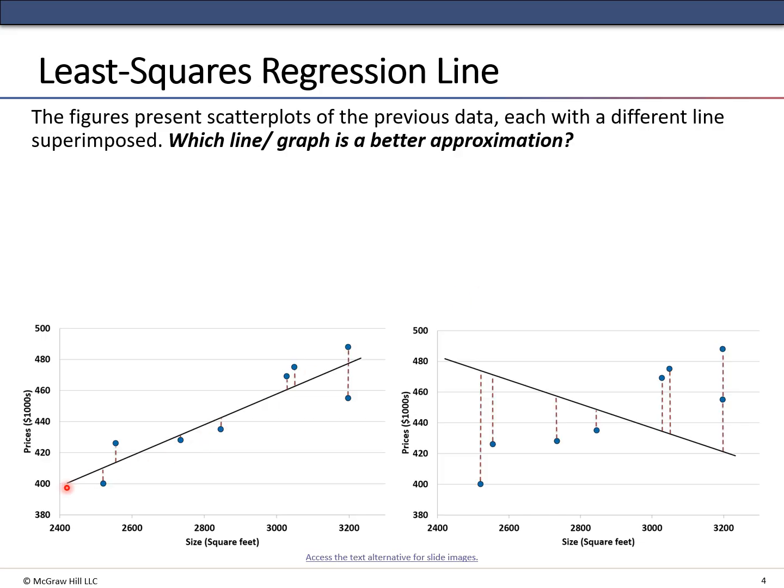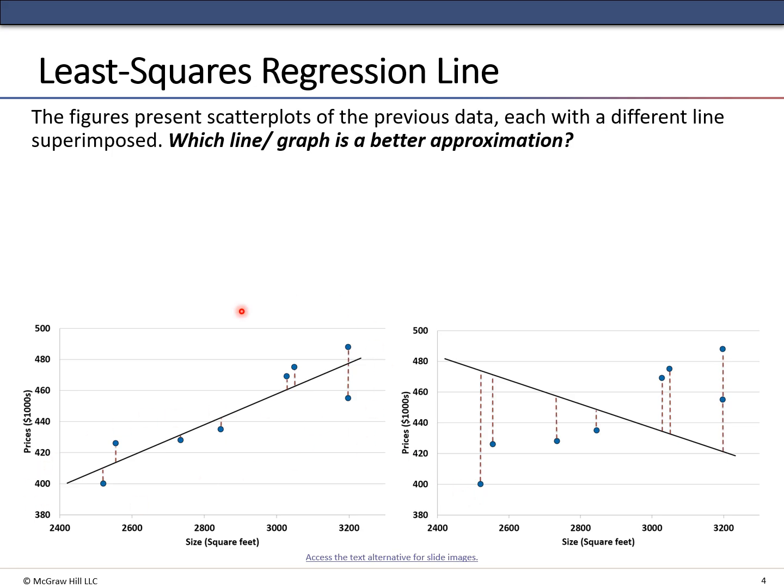The first one goes up and is very close to each of the points. You can see the distance from the points, because each point has a little dashed line connecting it to the line we've drawn, the model line. We're trying to figure out which one is a better approximation. If you look at the second one, the distances the points are from the line is quite large.